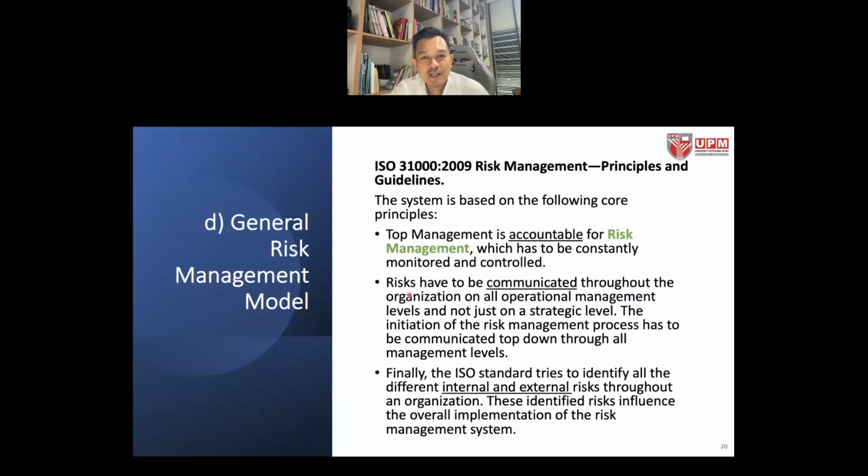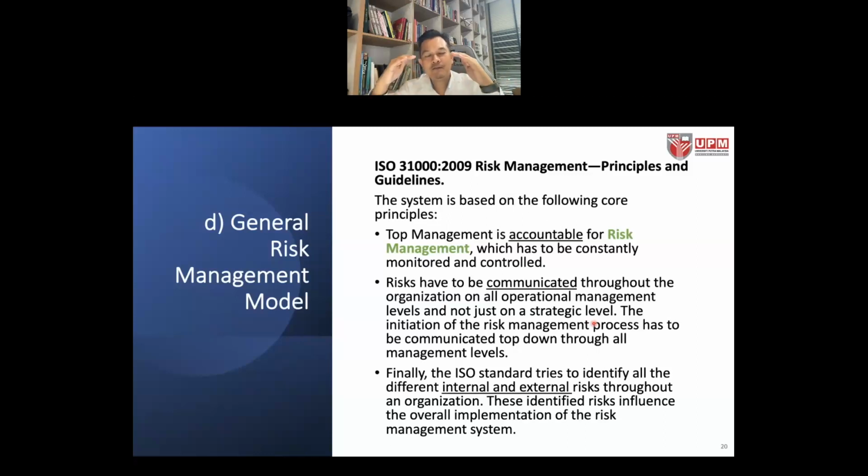So the second principle is that it has to be communicated throughout the organization, on all operational management. Not only does the top management level get involved, the managerial level also gets informed and involved, and then the ground level, the floor level, because the risks at different levels are different.